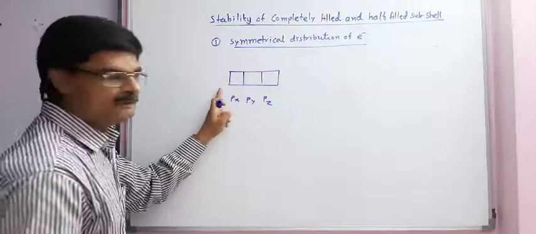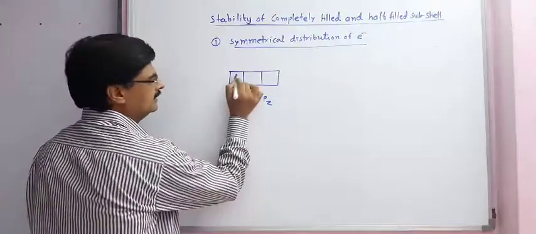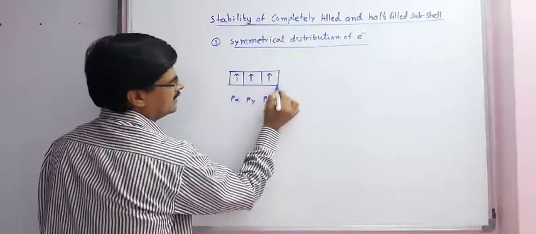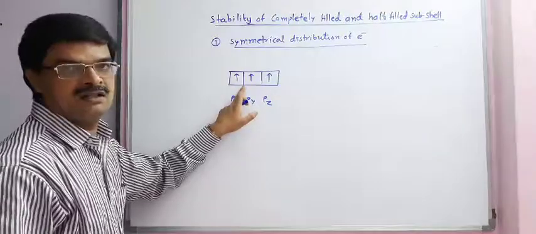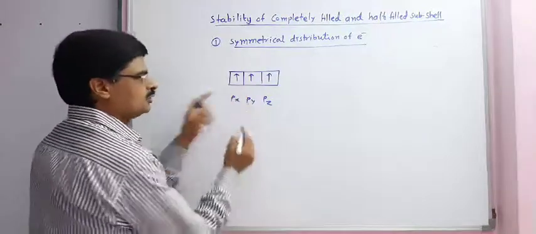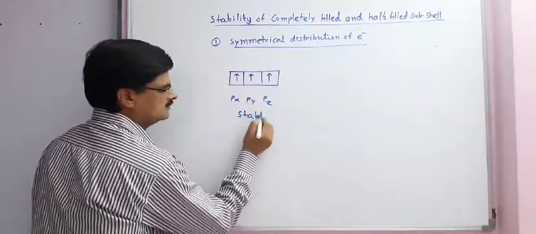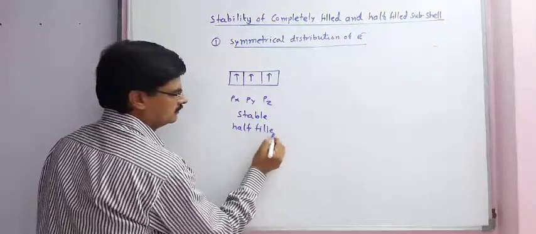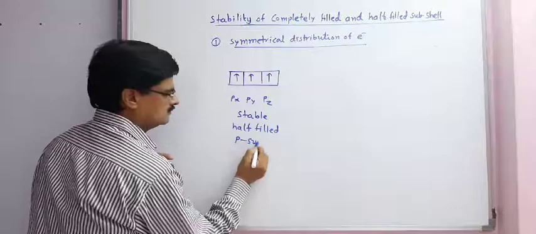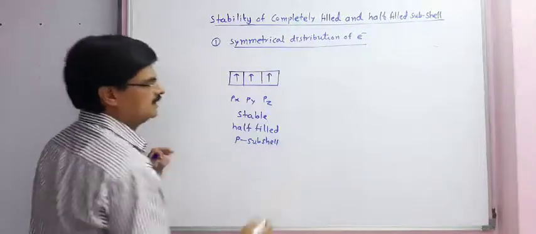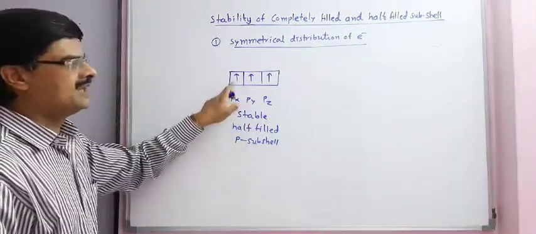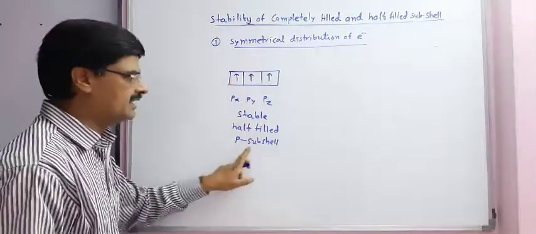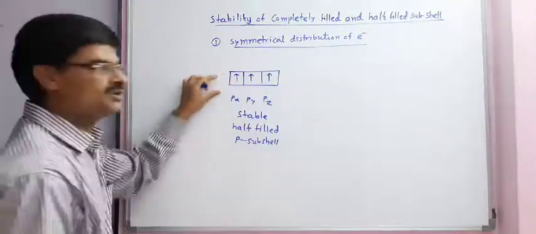If it is exactly half filled, and 3 electrons are arranged with the same parallel spin, then this is also stable. Px, py and pz contain 1 electron each with parallel spin, and that is why it is stable because of symmetrical distribution.